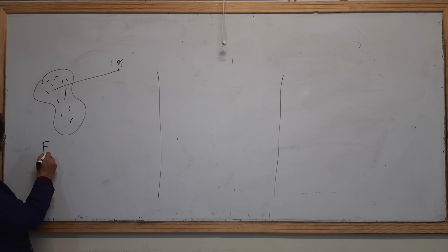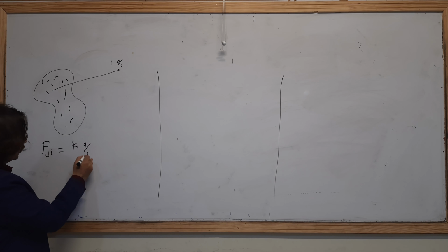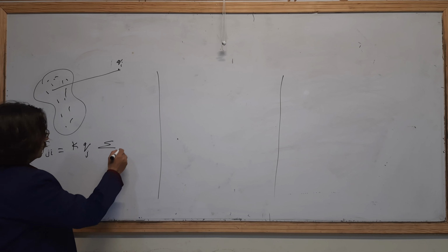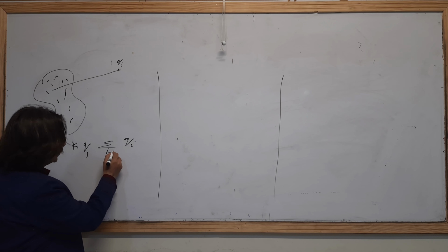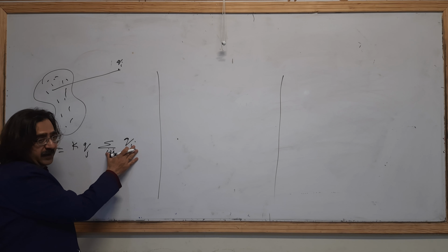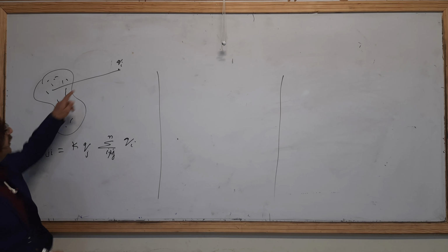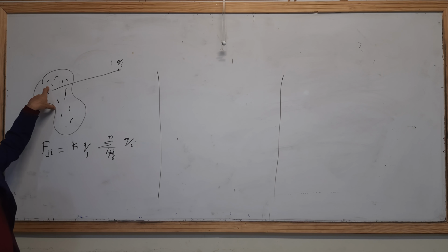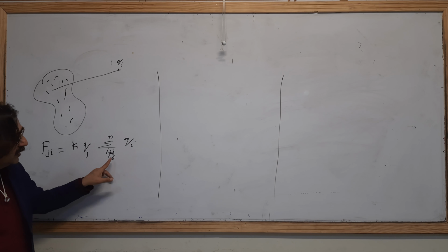Force on the jth charge due to the ith charge is k q_i q_j, sum over i, i not equal to j, to n. If this jth charge is inside the distributed charges, then it will not be included.